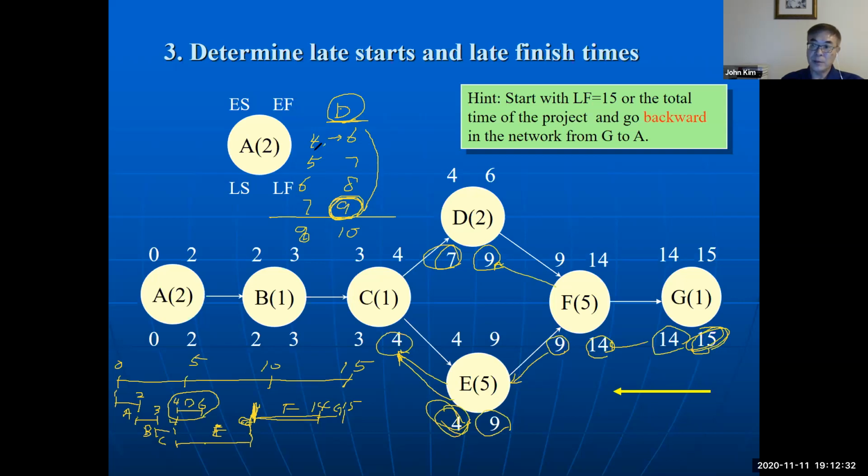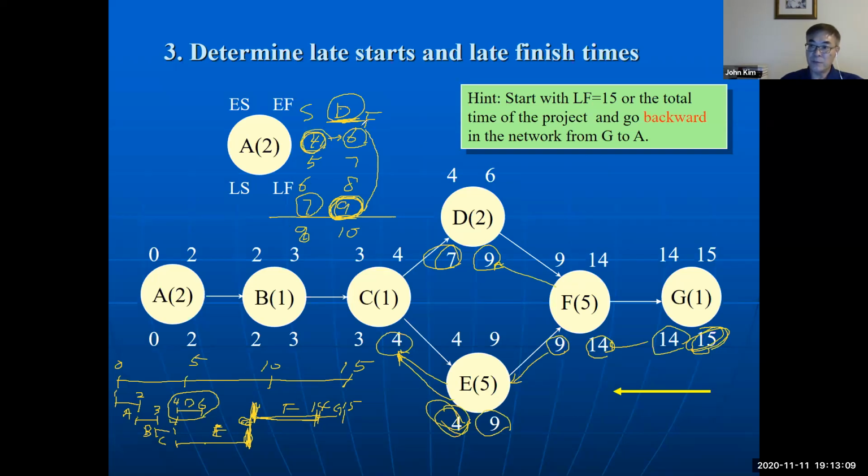Among them, this is a start time and this is a finish time. So among them, there are early start, early finish, late start, late finish. Without delaying the entire project, activity D can start in week 4, 5, 6, or 7, as long as it finishes before E finishes. Then the next activity can start on time.